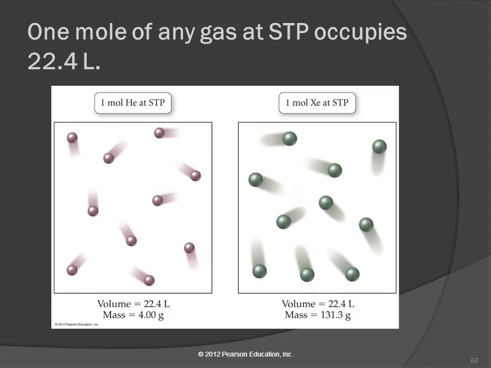But that's because there's so much empty space that it doesn't matter. The thing that's different is the mass of this container is going to be less for the helium. So a mole of helium only weighs 4 grams, a mole of xenon weighs 131 grams in the same volume under the same conditions.